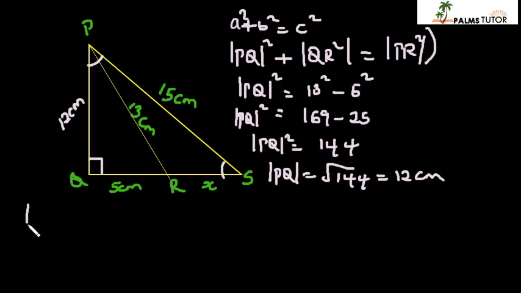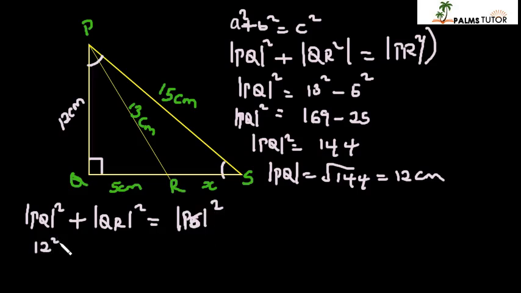So we say line PQ squared plus line QS squared will equal the square of the hypotenuse, which is line PS squared. So PQ squared is 12 squared plus QS squared. QS squared is unknown, so we have QS squared. Then PS is 15 squared.